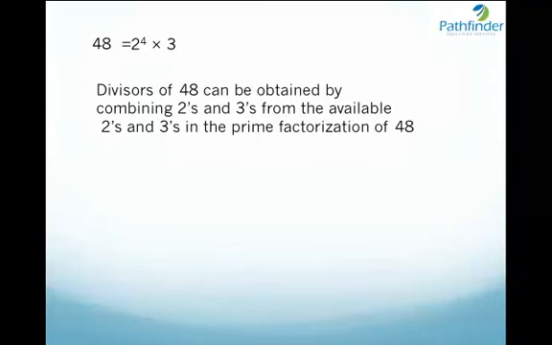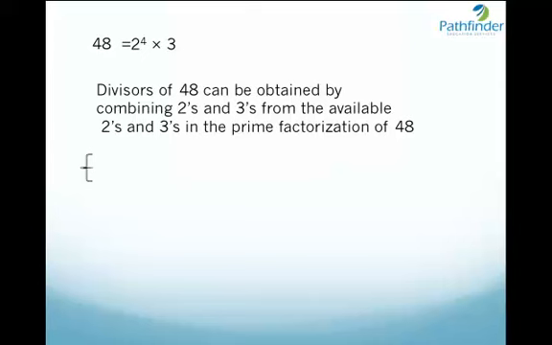So divisors can be obtained by combining 2's and 3's from the available 2's and 3's in the prime factorization of 48. So how many 2's are there in 48? There are 4 2's and there is only 1 3. So let us see in how many ways we can combine the available 2's.